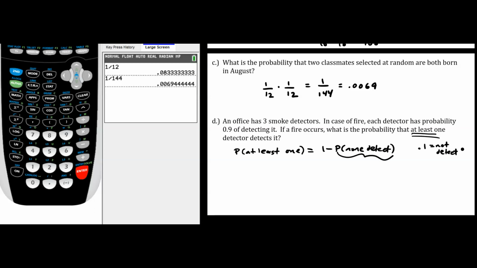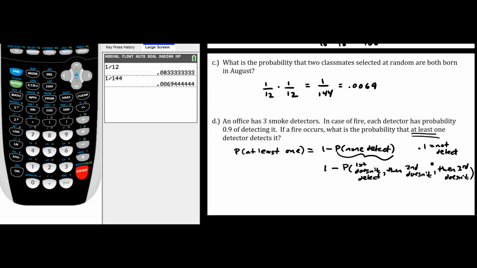Okay, but that's each smoke detector. We need to figure out here the probability that none of the smoke detectors detect. And so that's going to be the probability that the first doesn't detect. I'm just going to write this out just so it's clear. The first doesn't detect, and then the second doesn't, and then the third doesn't.